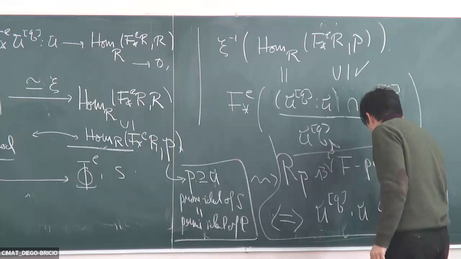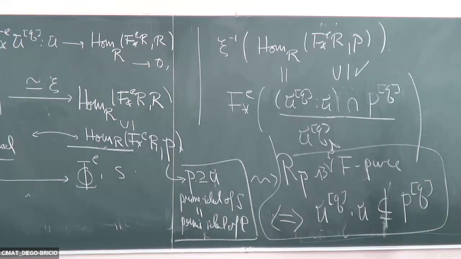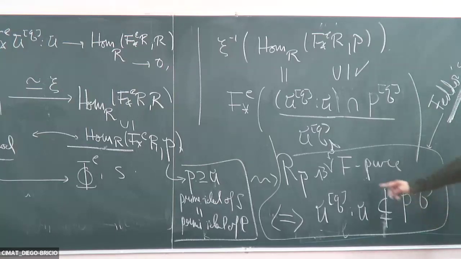And this is what is at the heart of Fedder's criterion when you have a P basis. That's Fedder's criterion, by the way. It's just that. R_P is pure if and only if you can compute that, or you can verify this.